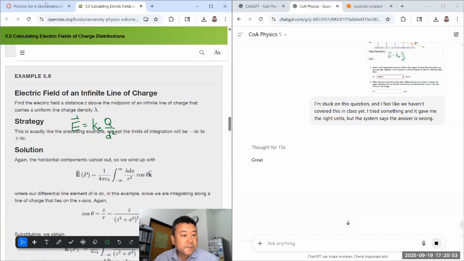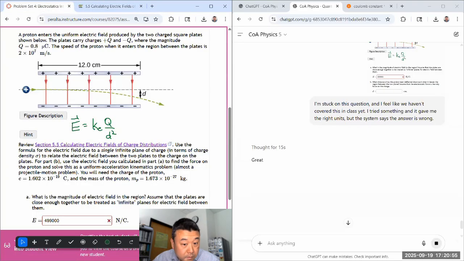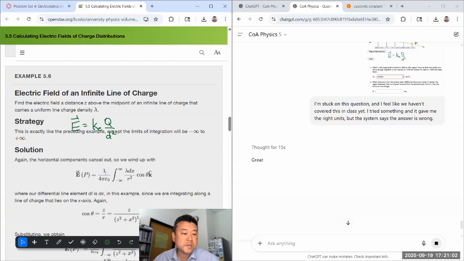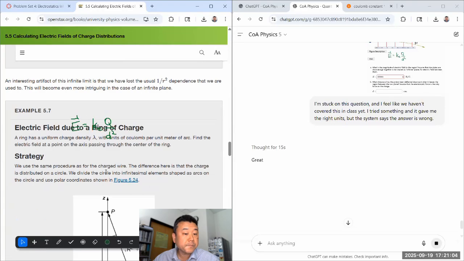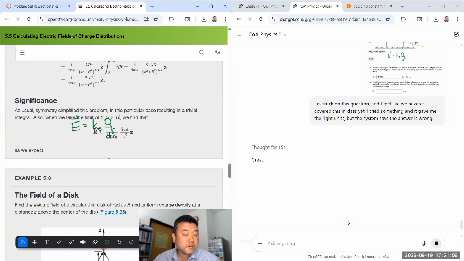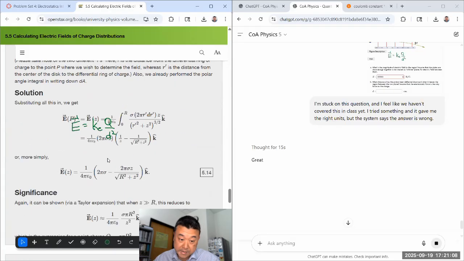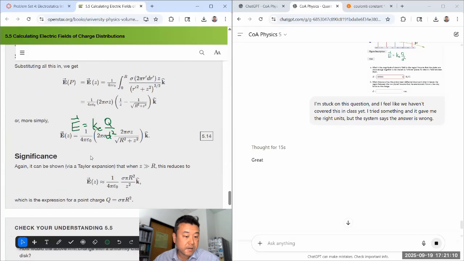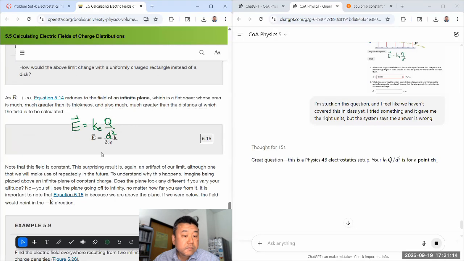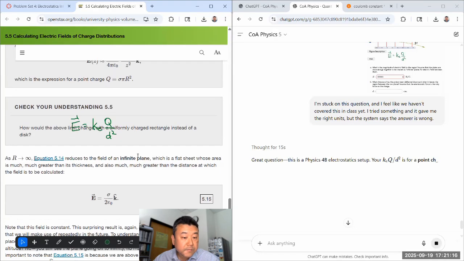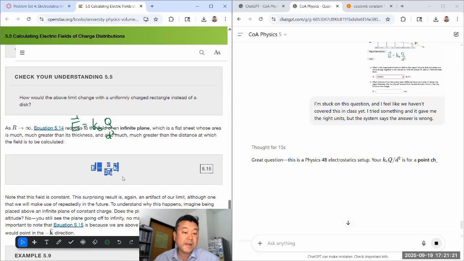There should be a section on a single infinite plane of charge. I don't have a citation to a specific section, but there's ring of charge, keep reading, field of a disk, and I think after they do that, they take the limit. Infinite plane, I think that's a keyword, and so you can find this formula in the textbook section.